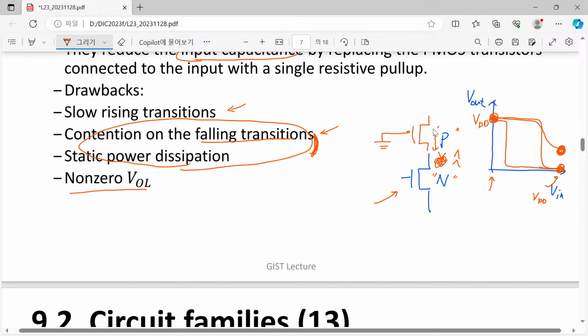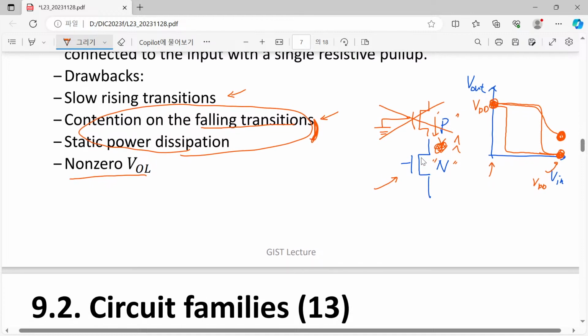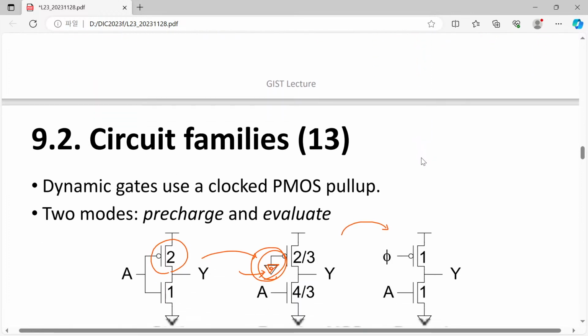So what happens if we just shut down the P MOSFET for falling transition? That is the basic idea of this dynamic gate.